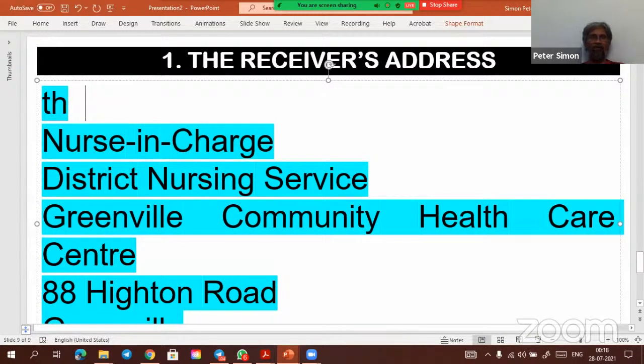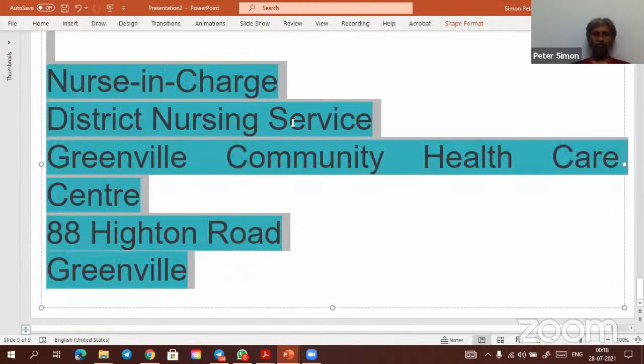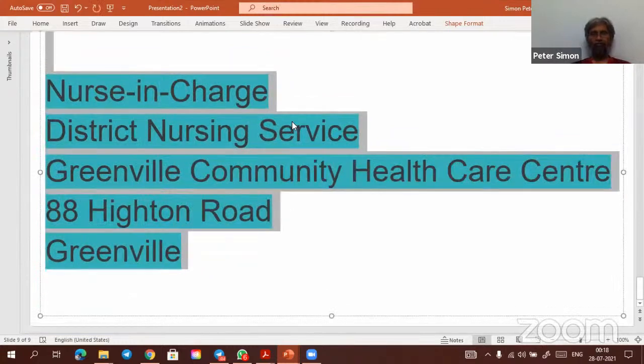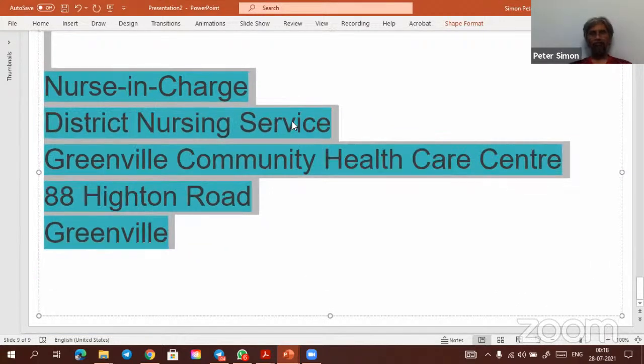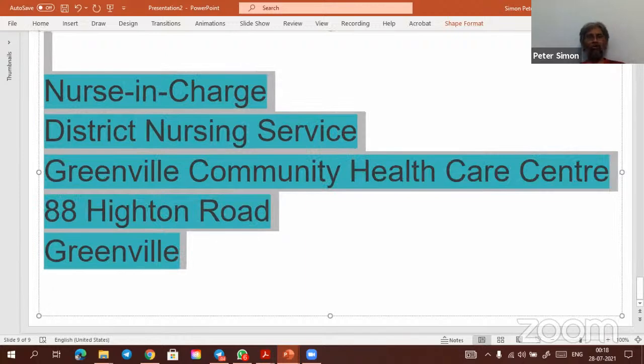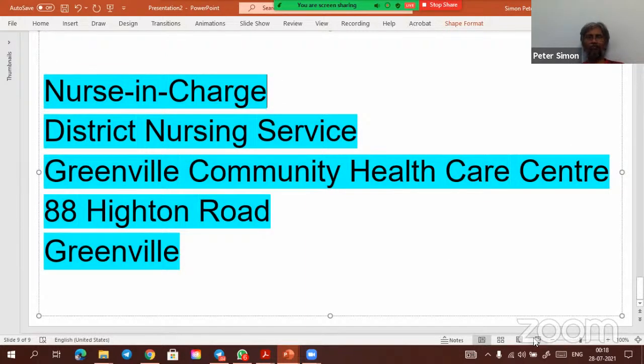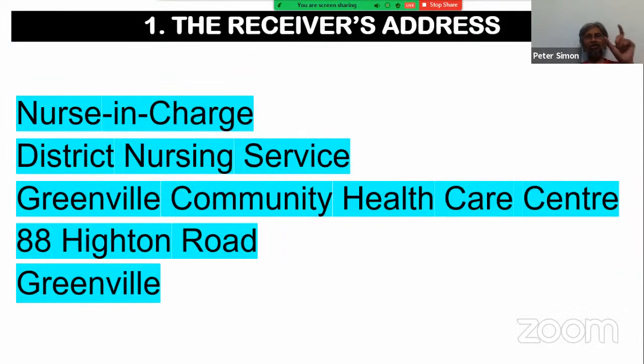So remove that. Finished. So you have got the receiver's address, 5 lines. Nurse in charge, district nursing service, Greenville Community Healthcare Center, 88 Highton Road, Greenville, 5 lines.